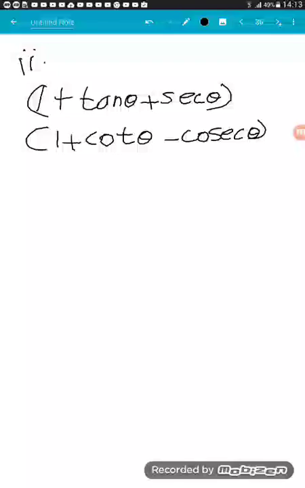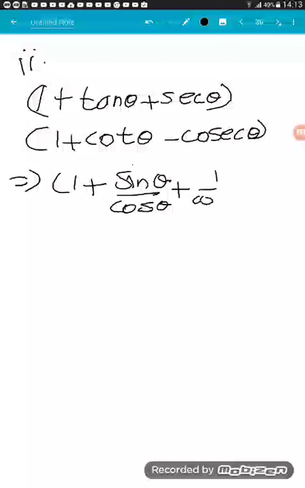Now we will change tan theta, sec theta, cot theta and cosec theta in terms of sin and cos. So it will become 1 plus sin theta by cos theta plus 1 by cos theta.